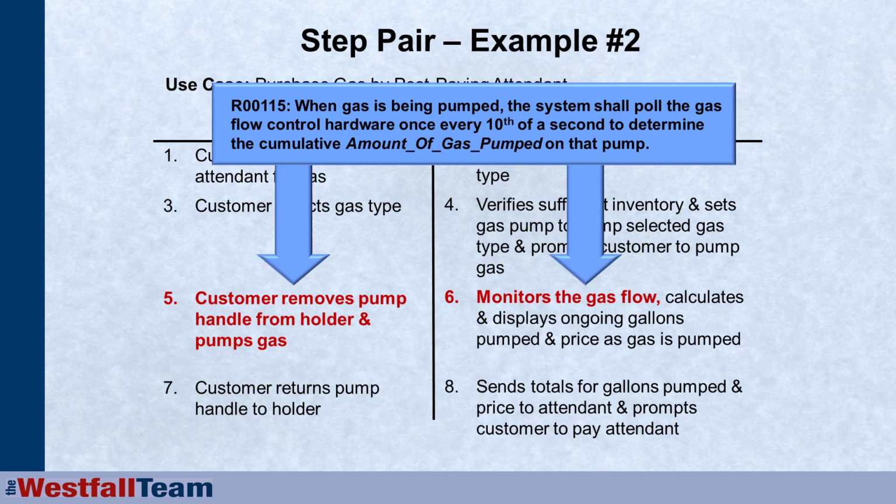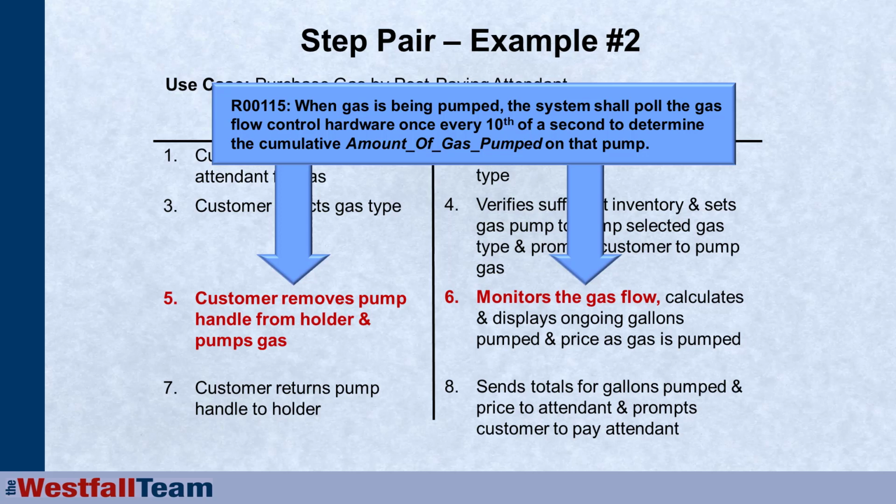The system monitors the gas flow. Turn that hardware once every 1/10 of a second to determine the cumulative amount of gas pumped on that pump. Now notice I'm actually turning this into a variable name. Now this may not be the actual variable name that I use inside the code, but it's a name of a specific piece of data.